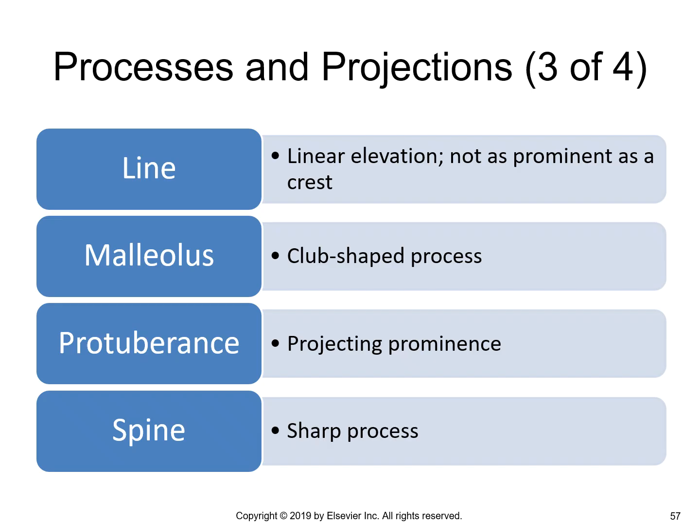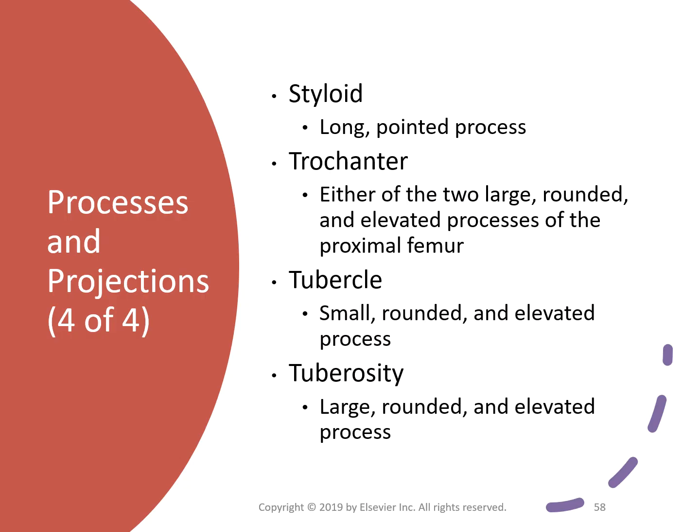Sorry. A protuberance is a projecting prominence that is not a condyle. And then a spine is a sharp process that is not a line or a crest. A styloid is a long pointed process, kind of like a styloid kind of looks like the tip of a nail.